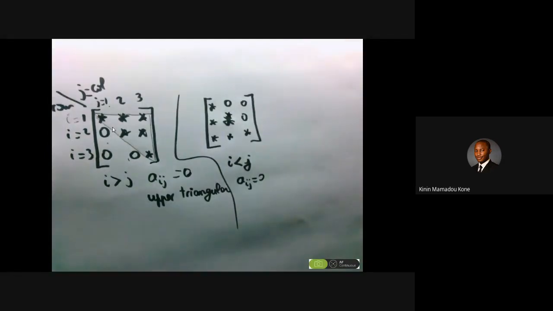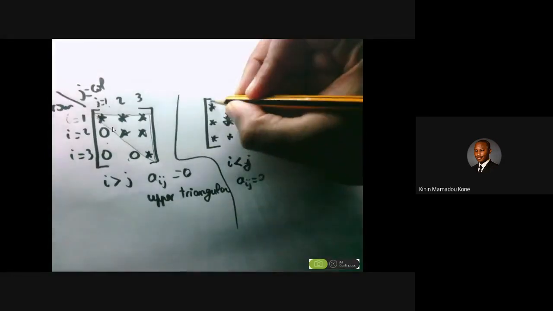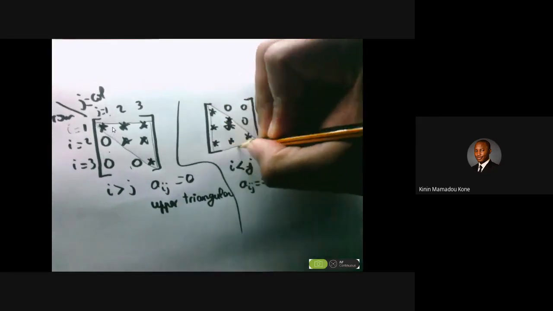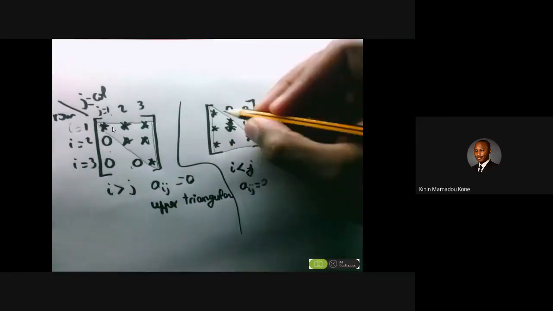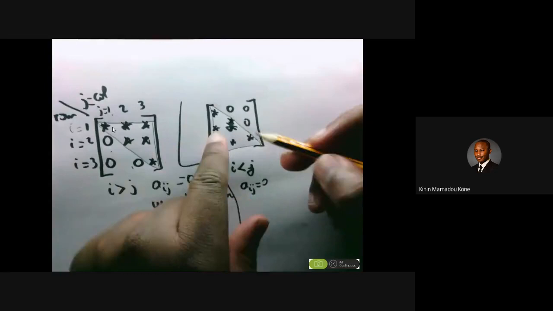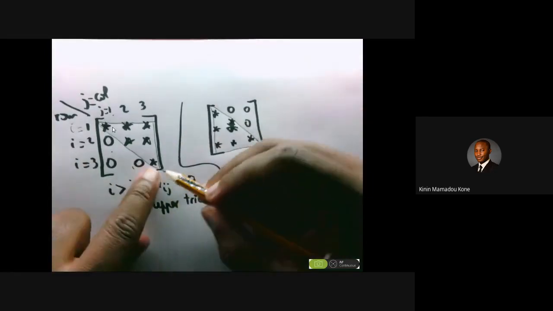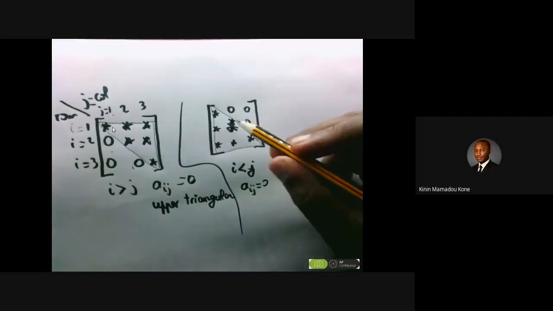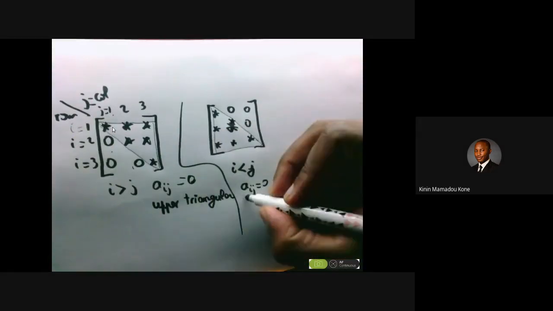You can see that you have a triangle over here placed lower, whereas in the previous case the triangle is raised up. So this is a lower triangular matrix.